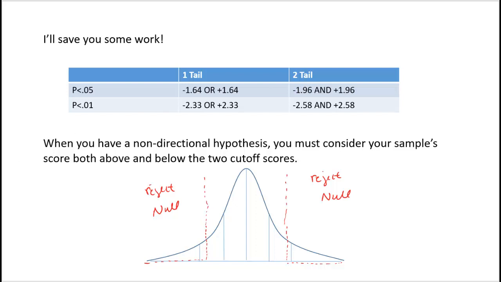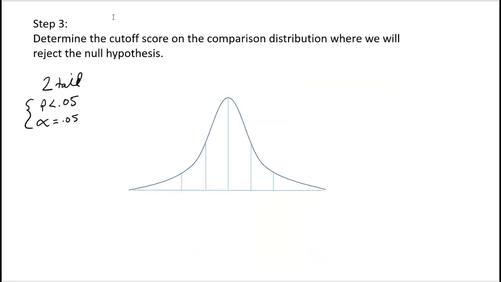So I can go back to step number 3, and I can plug in our cutoff zones. So z is -1.96, which is right about there, and positive 1.96, which is right about there. So we will reject the null, which states that those scores are similar, if our result falls in one of those regions.